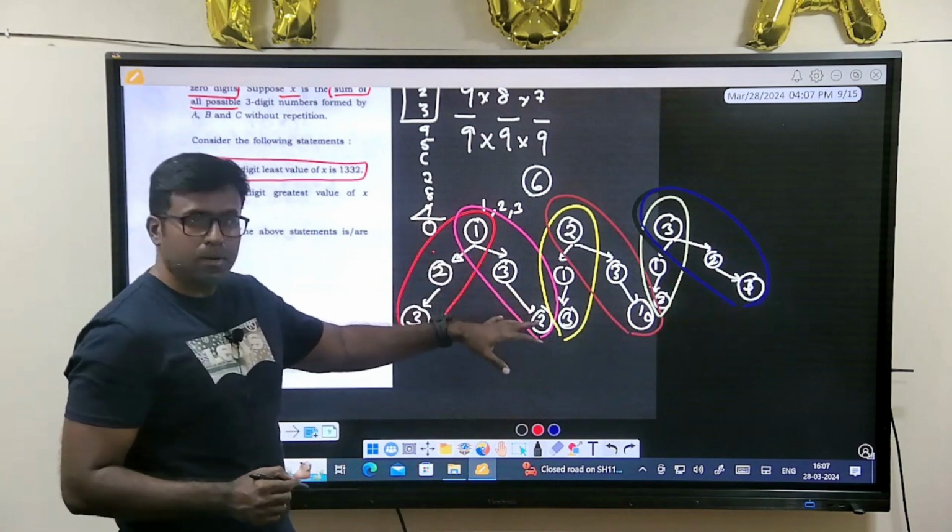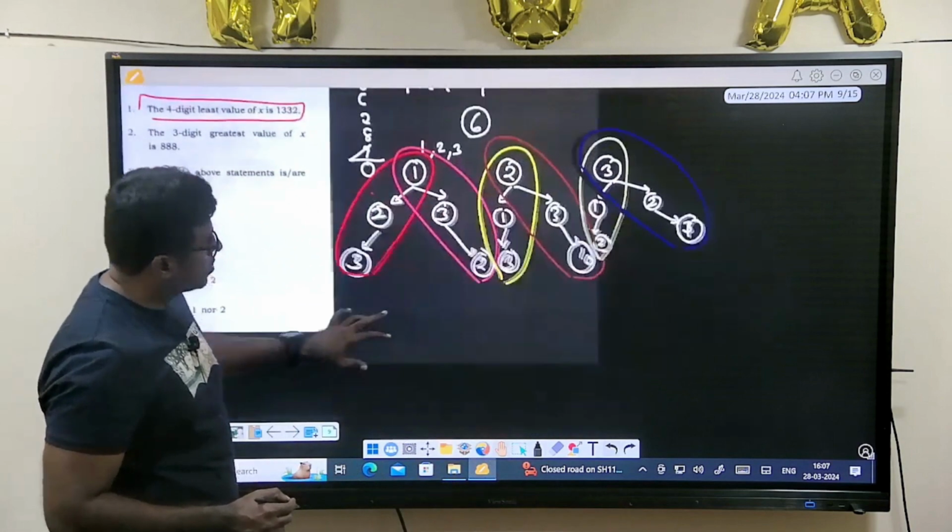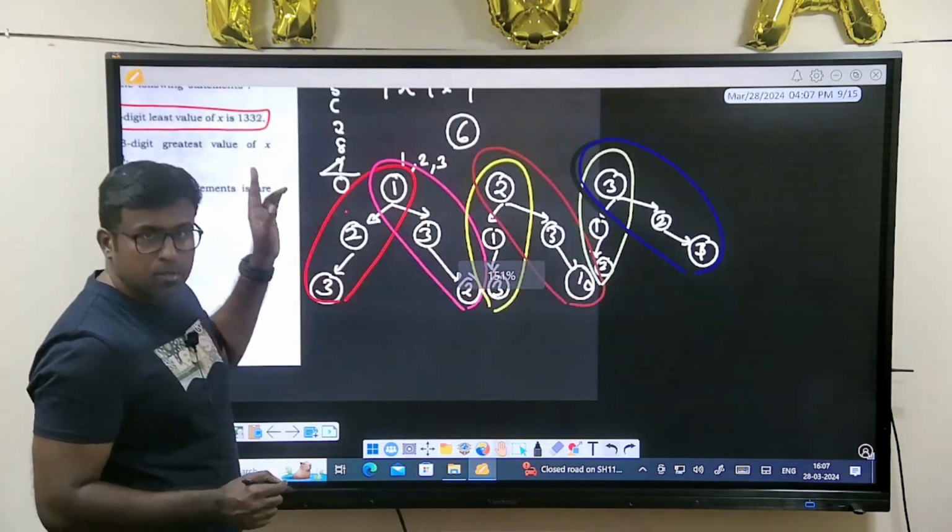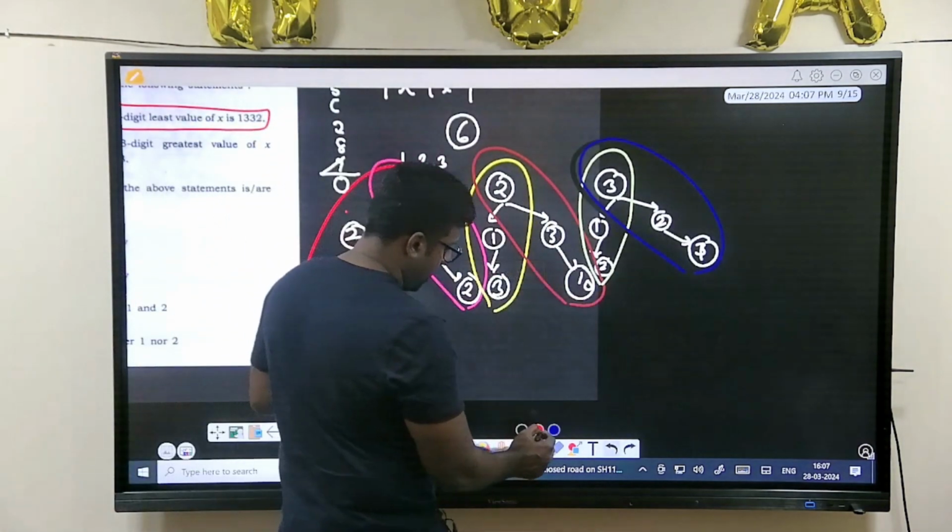These are the numbers and the combinations which are possible based on the clause that they have given.